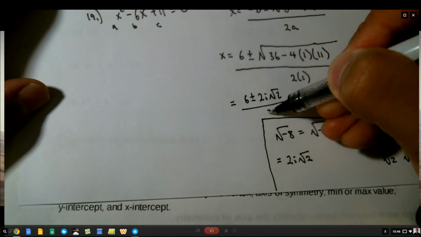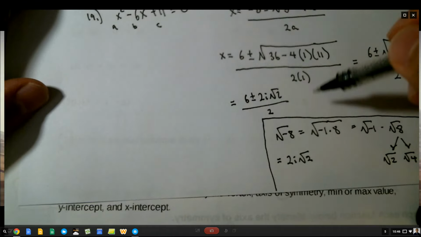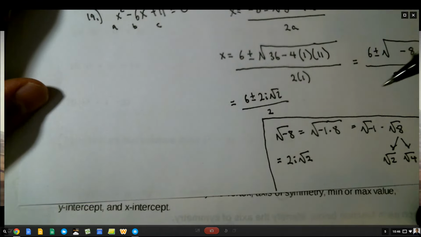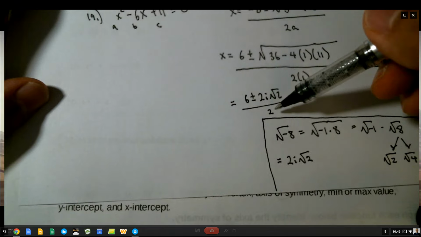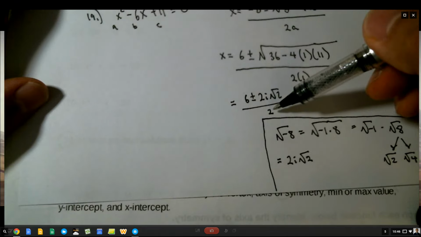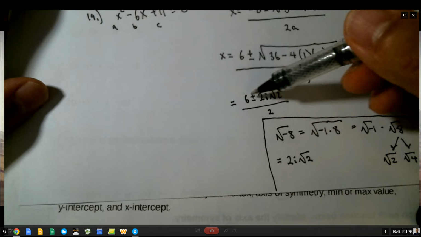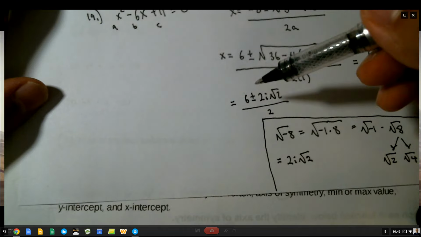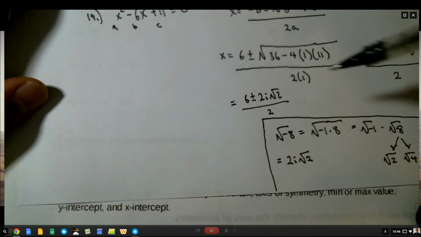So now I'm going to come over here and I'm going to rewrite this portion as 6 plus or minus 2i square root of 2 all over 2. Good, we're very close to being done. Now, we have to simplify. Notice there's a 6, a 2, and a 2. So they all have a factor of 2 in common. So let's take out a 2 from each of the factors. Divide everything by 2.